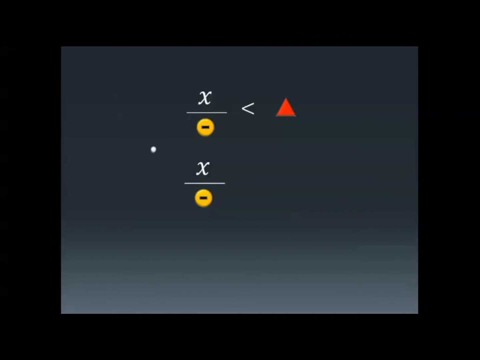We're going to multiply it by the negative expression. Our rules say that we must do the same thing to the right-hand side of the inequality and multiply it by the same expression. The direction of the inequality must be changed.